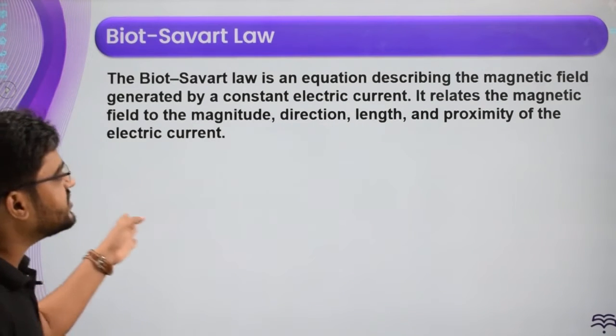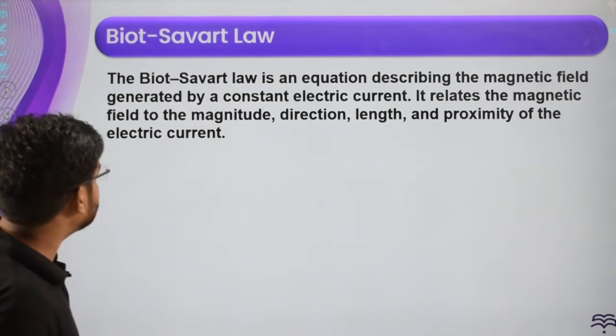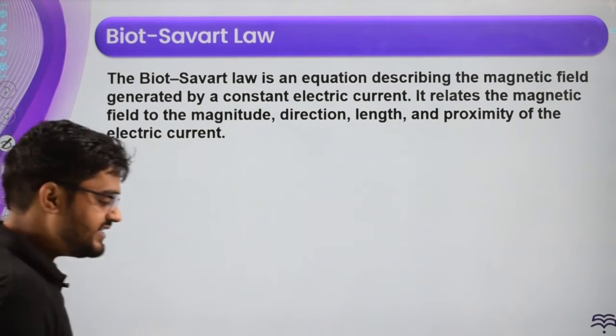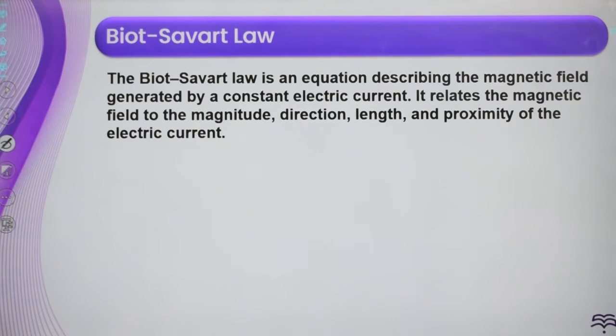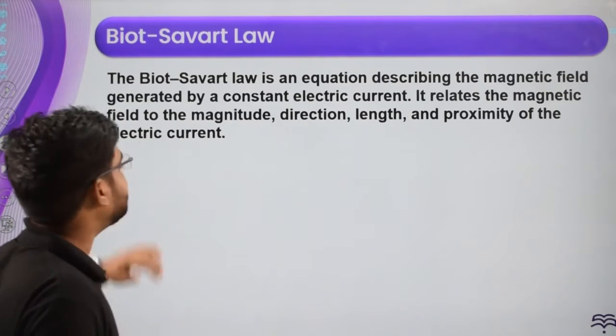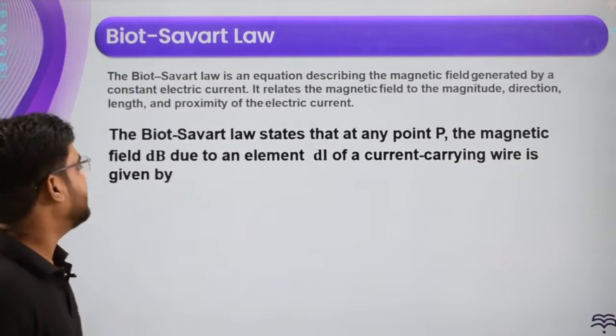It is an equation describing the magnetic field generated by a constant electric current, and it relates the magnetic field to the magnitude, direction, length and proximity of the electric current. Like, if we have the current, how much will be the magnetic field?